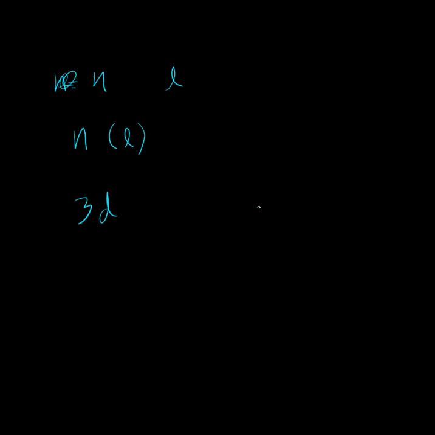Okay, so with that being said, they want us to circle all the following orbital designations that are theoretically possible. And before we do that, let's think about what makes an orbital designation theoretically impossible.